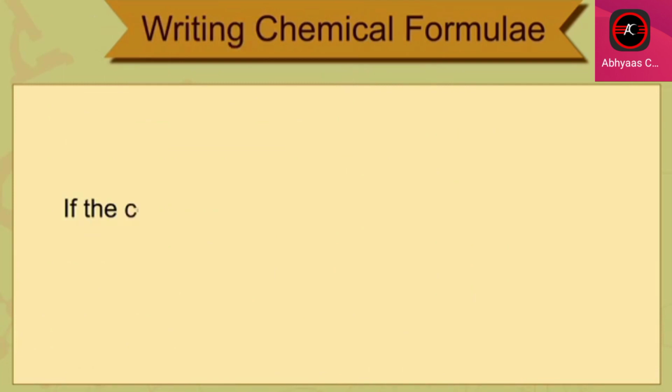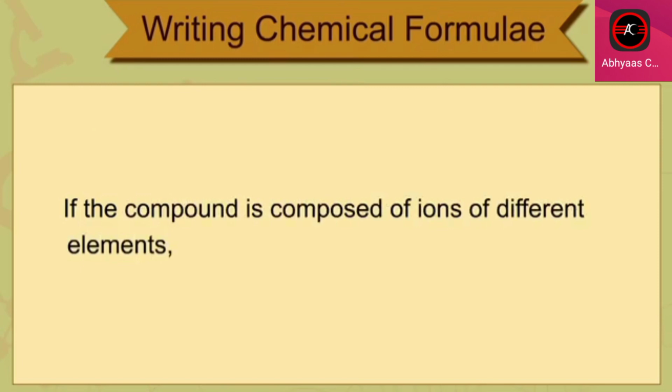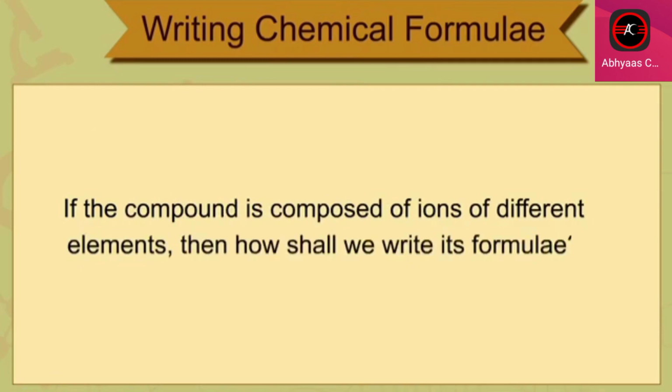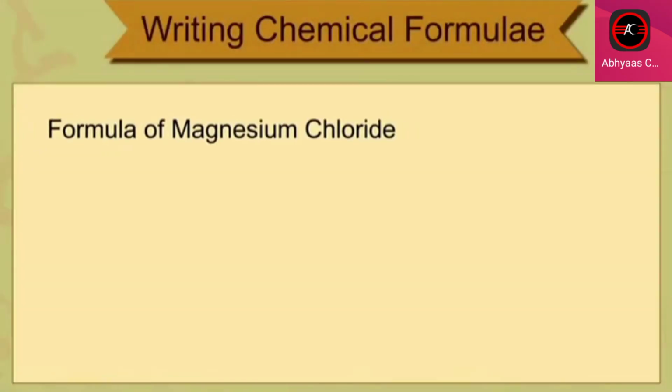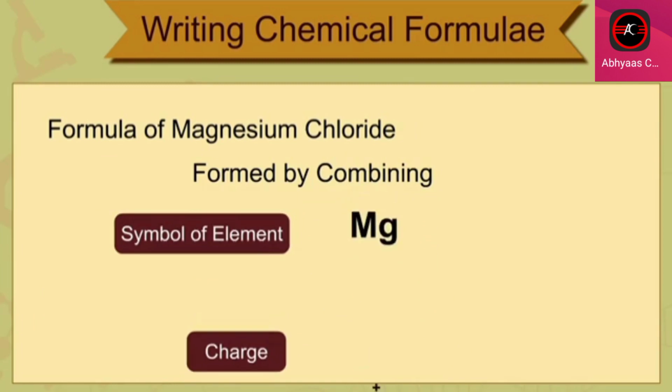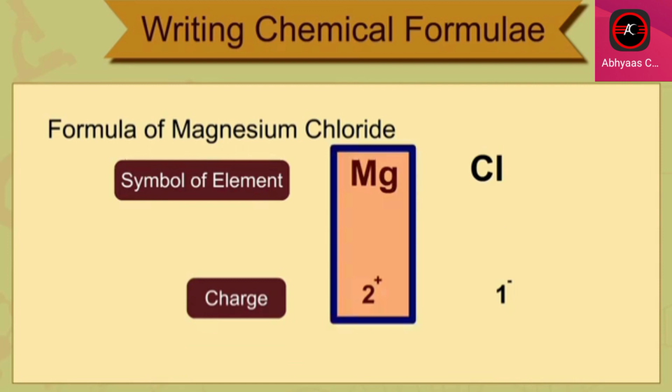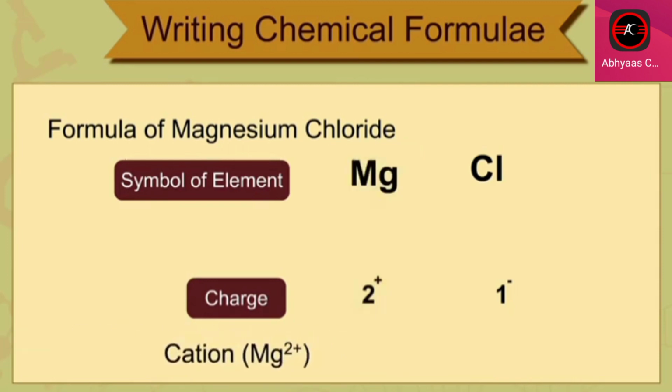But if the compound is composed of ions of different elements, then how shall we write its formulae? Let us understand this by an example. Magnesium chloride compounds are formed by combining magnesium, Mg2+, and chloride, Cl-, ions. To find its formula, we write the symbol of cation Mg2+ first, followed by the symbol of anion Cl-.